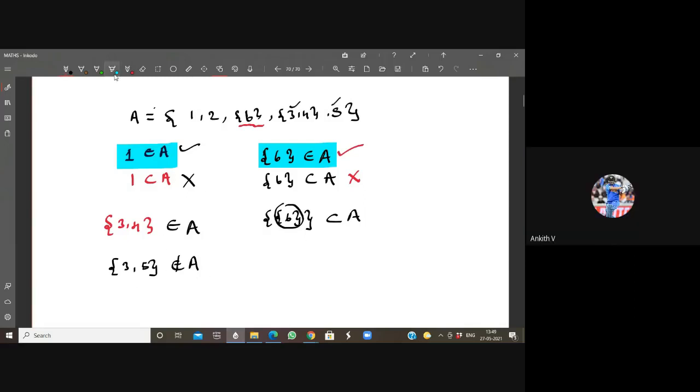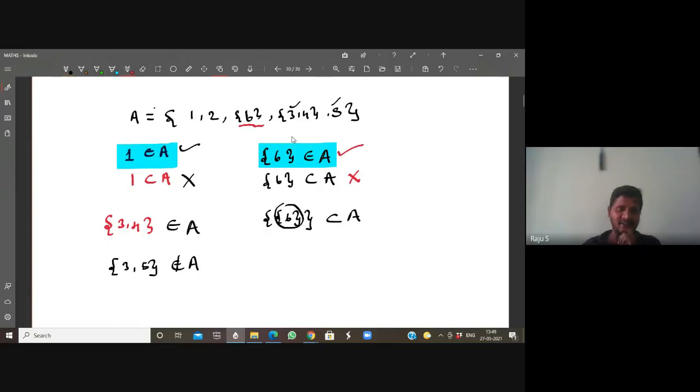Sir, 3, comma 4 is an element. We can't divide it. Exactly. If instead of 5 we take 4, it is correct. But this 3, comma 5 doesn't belong to A, so it is not even a subset. Now what about this 1, 2, 5? Anyone?